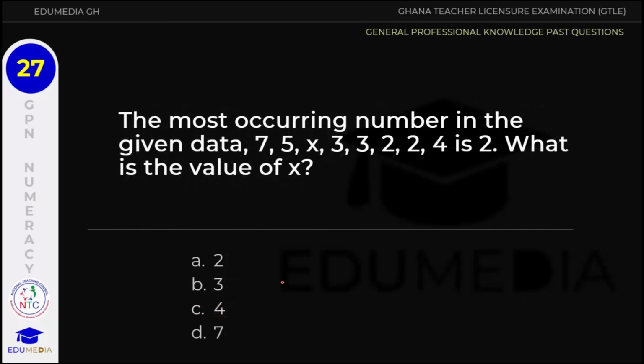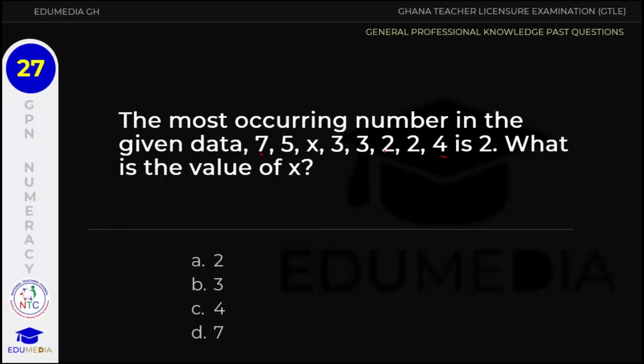The most occurring number in the given data, 7, 5, x, 3, 3, 2, 2, 4 is 2. What is the value of x? So we have this. 7 is out because 7 only occurred once. 5 is also out because it also occurred only once. 3 occurred twice here. 2 occurred twice. 4 is out because it occurred only once.